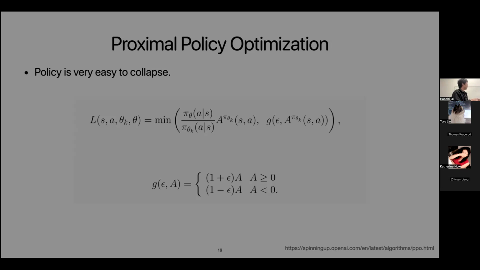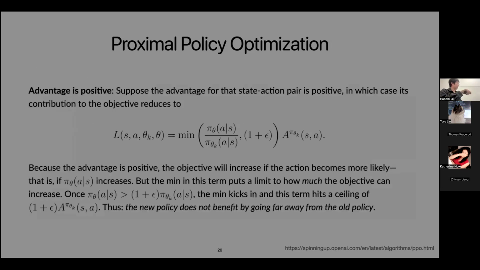It takes a minimum between these terms and these terms, and these terms are defined by the clipping functions depending on whether your advantage function is positive or negative. Of course, the credit comes from this OpenAI blog, but it's also very helpful for understanding that.